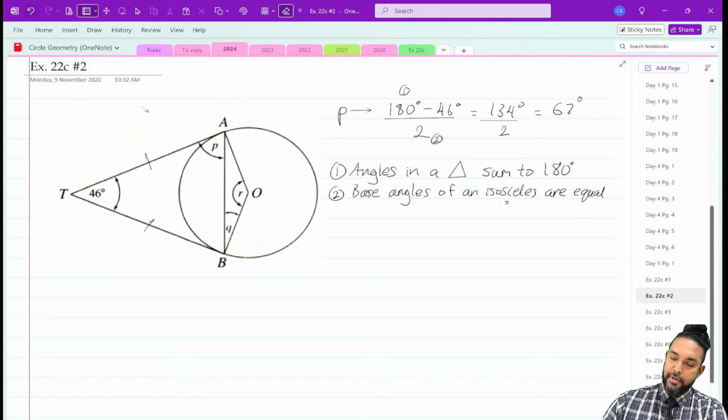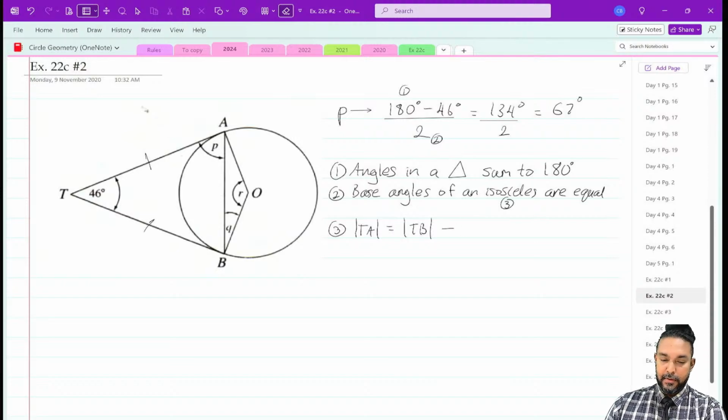And I'll put a little 3 here, and I'll say that the length or magnitude of TA is equal to the length or magnitude of TB. Both tangents start at T.